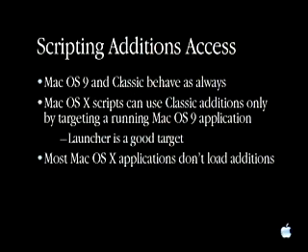Access to scripting additions is really interesting. I tried to go through this last year, and I think I confused more people, including myself, than I got clear. Mac OS 9 and Classic really behave as always. Classic applications will only have access to classic scripting additions. Mac OS X scripts will have access to the Mac OS X scripting additions in all of the Mac OS X scripting additions folders.